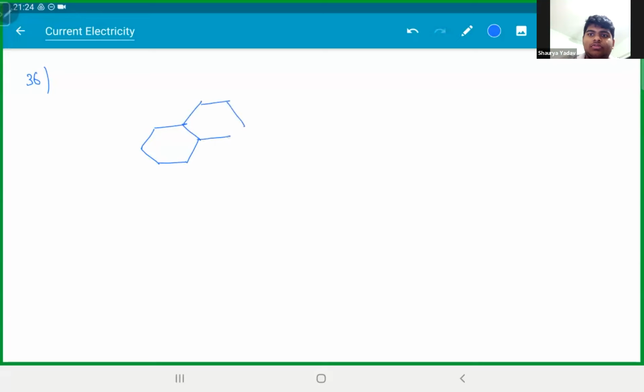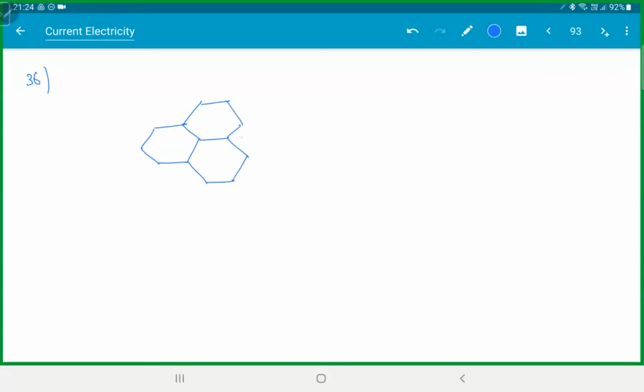Do you remember that grid question? Infinite grid? Yes. What if you have an infinite hexagon grid? Honeycomb. Like this, it's an infinite honeycomb.